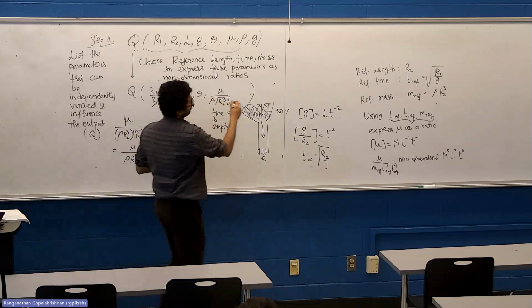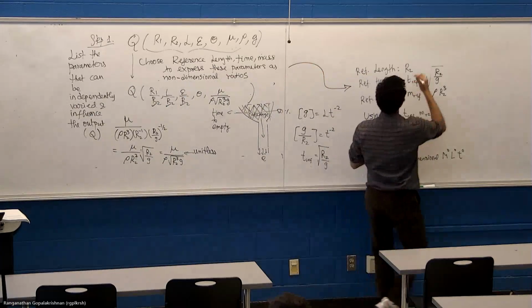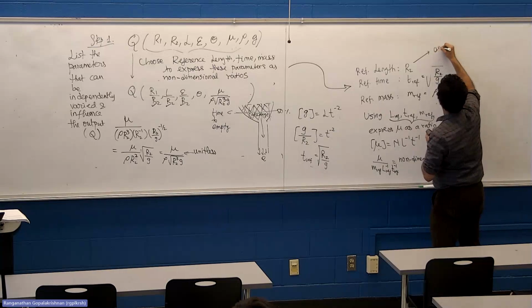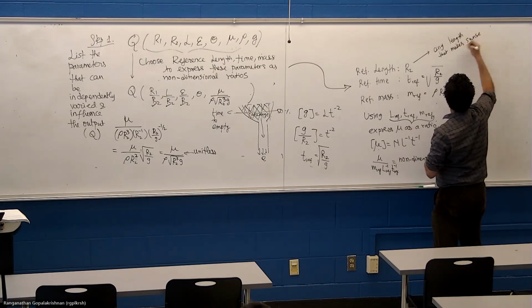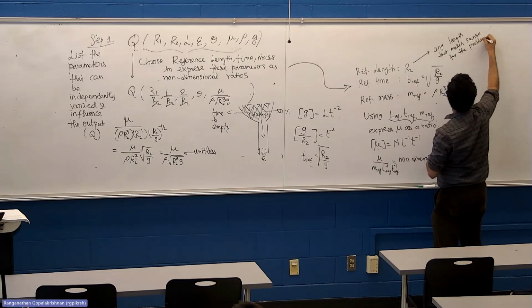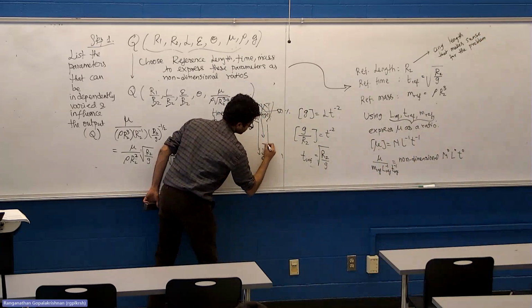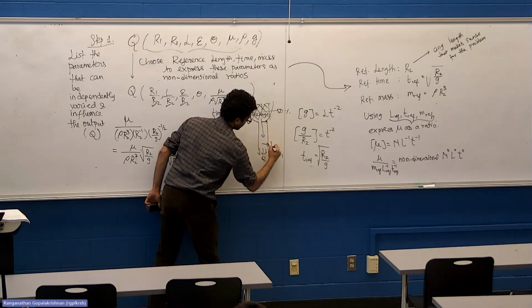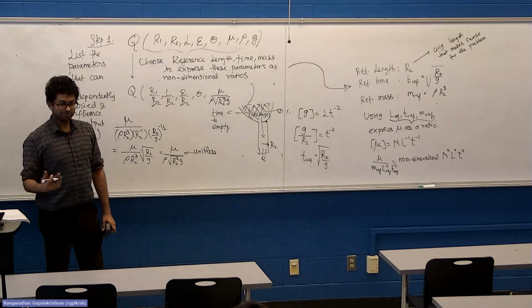First, we have to choose the reference length and time. So we choose that here. Reference length is any length that makes sense for the problem. Meaning, we took R2, which is the radius of the smaller radius, and chose to express everything else as a multiple of that.